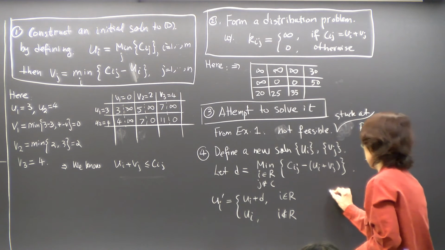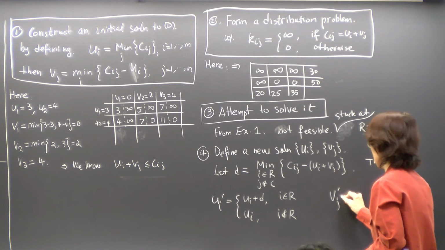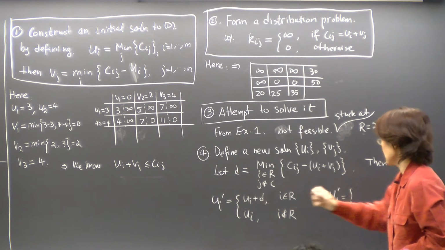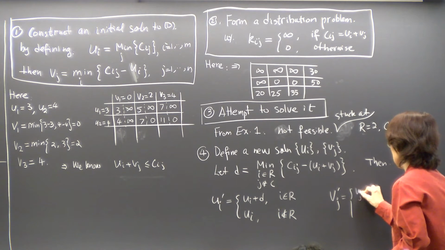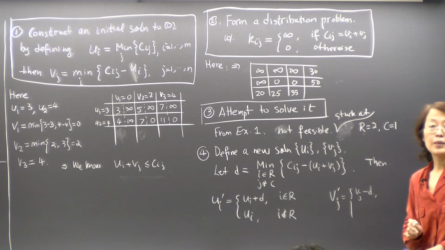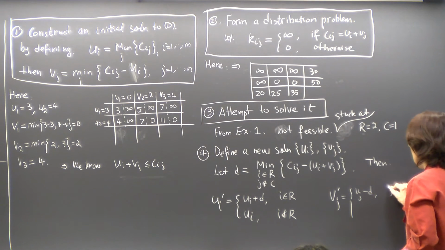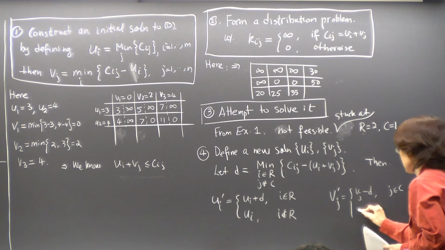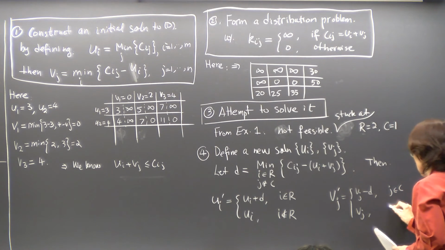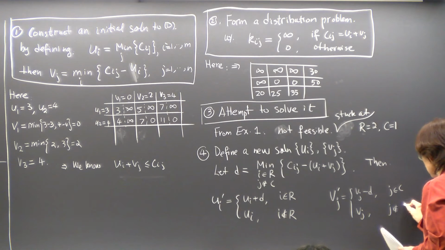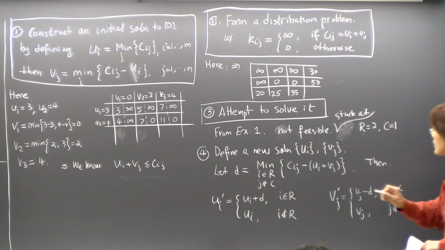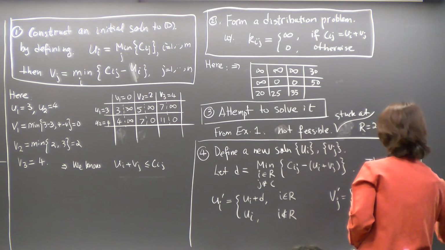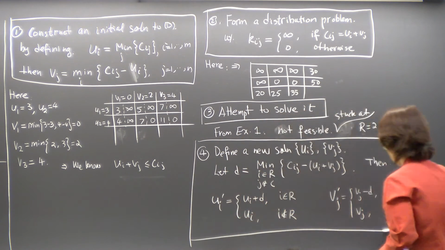For vj in the next iteration, instead of adding, I will be subtracting this amount for all the j's in the set C, and do nothing otherwise. So this is the algorithm.